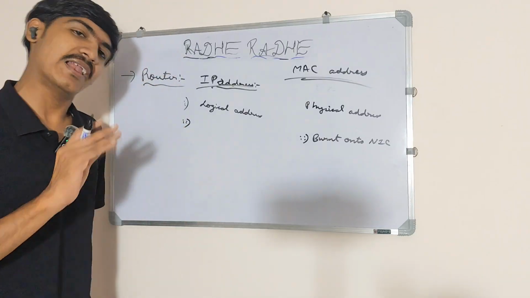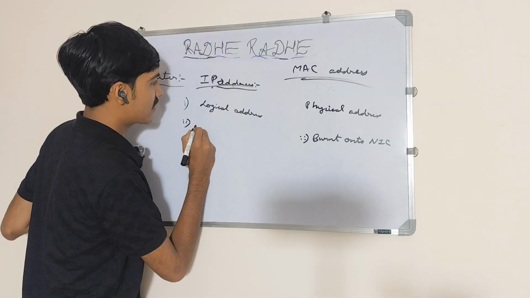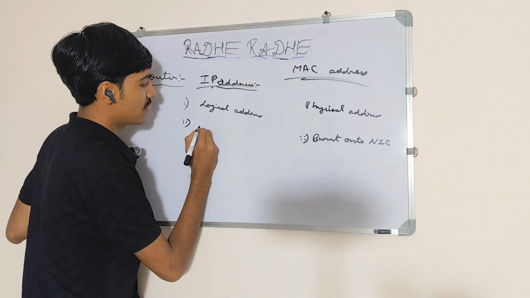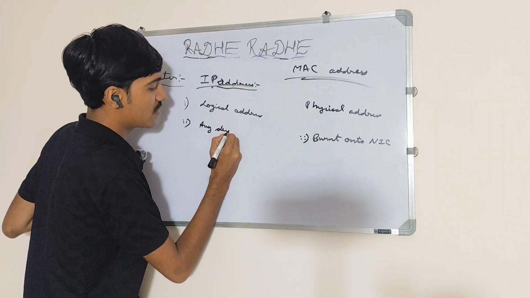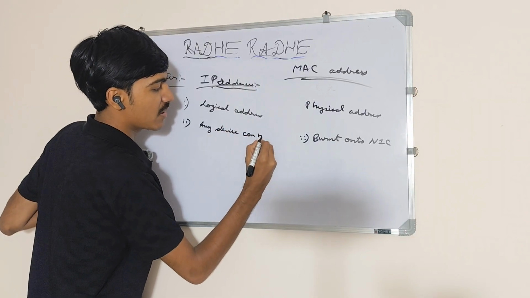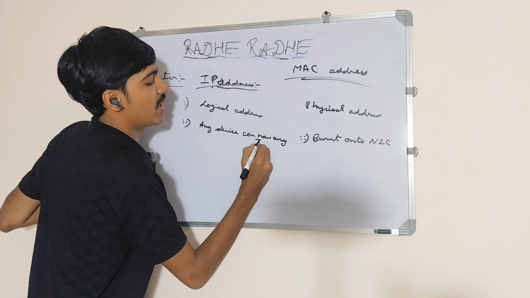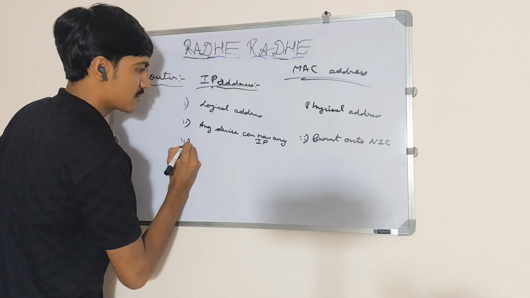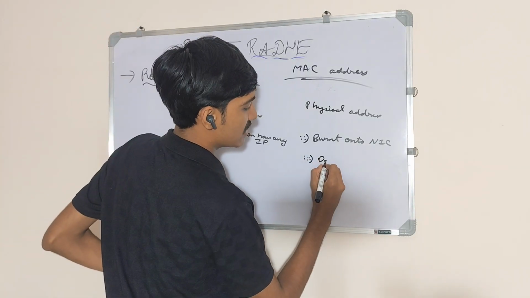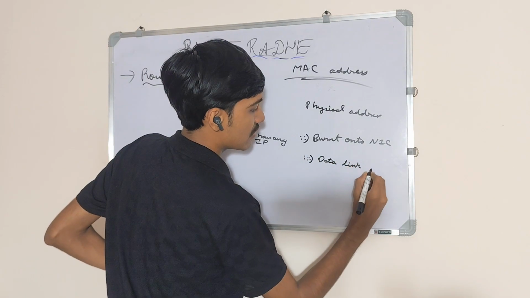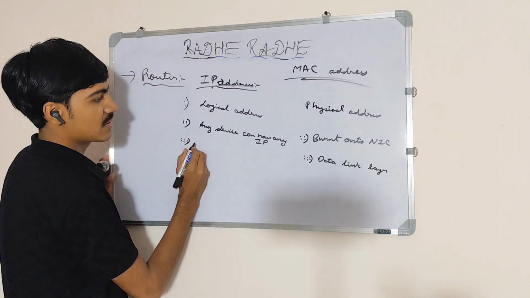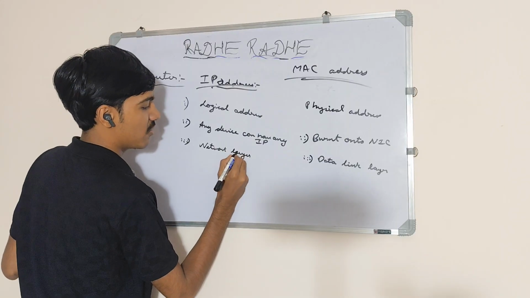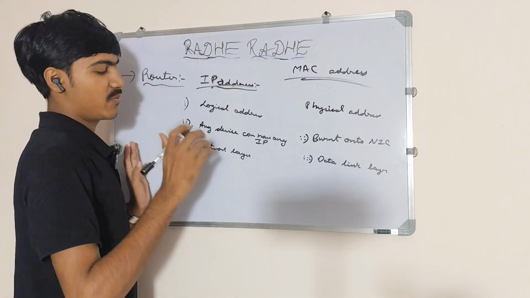I'll explain how later. Third, the MAC address works on the data link layer, whereas the IP address is on the network layer of the OSI model or TCP/IP model.